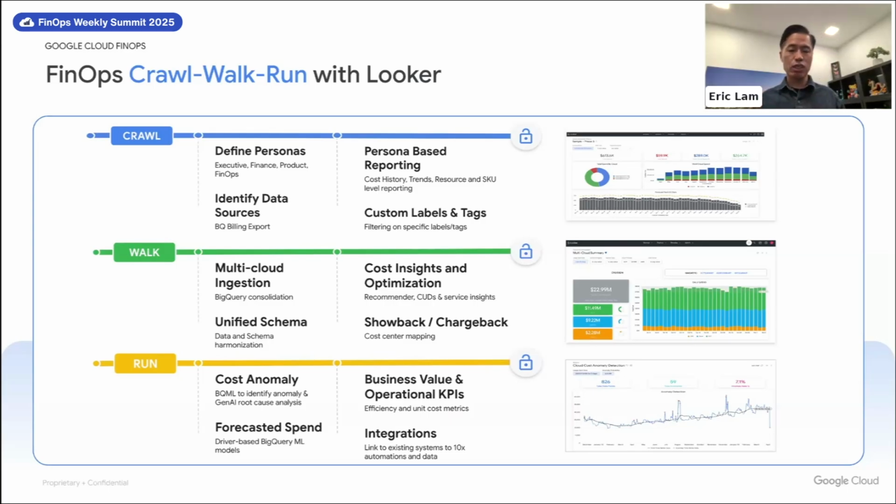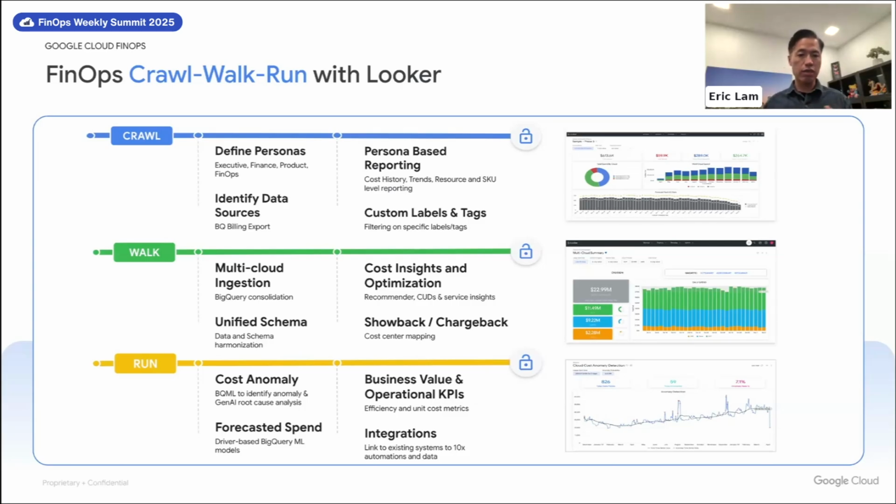We often talk about data-driven informed decisions, but the fact is you have to tailor those dashboards to the right stakeholders. That's what we call persona-based reporting. In order to get that, you definitely need to have the right data, the right tags, and that's fundamental as your first step. Once you have the persona identified and the tags created so you can visualize it, then you can ingest other clouds.